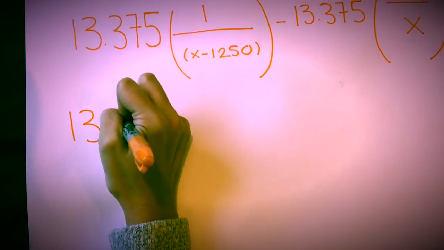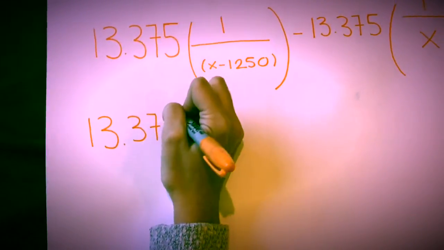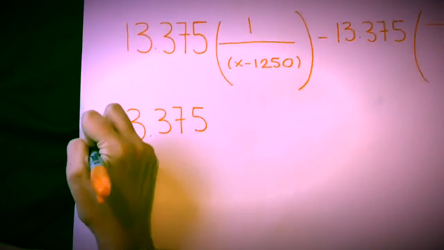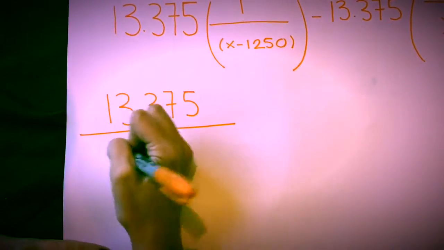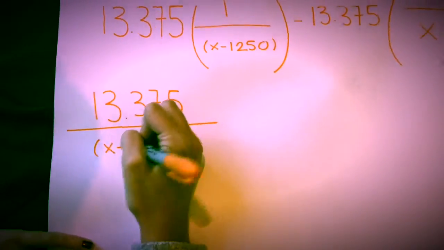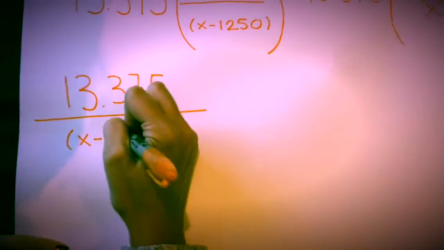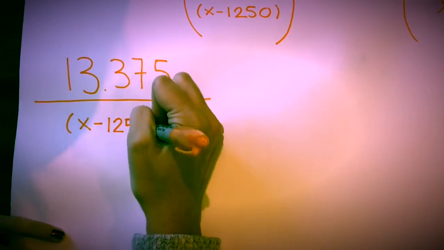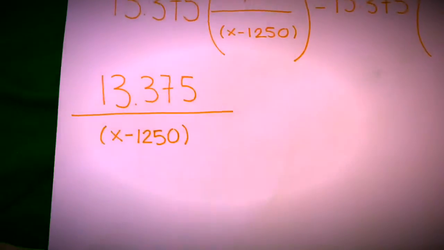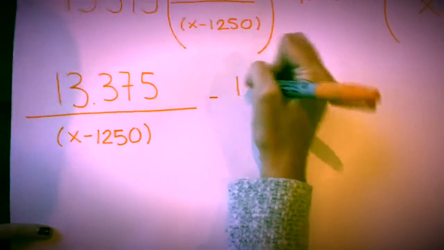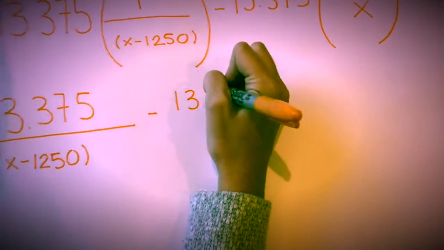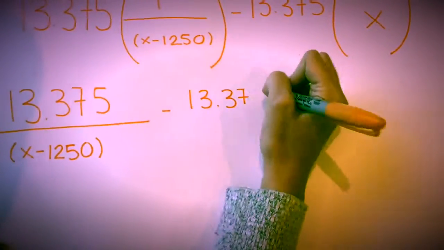The next thing we're going to do is multiply. So we multiply 30.375 times 1 over x minus 1250, minus 30.375 times 1 over x.